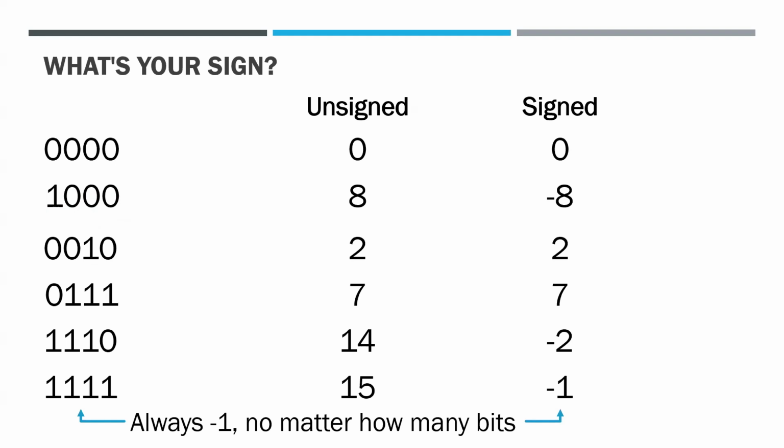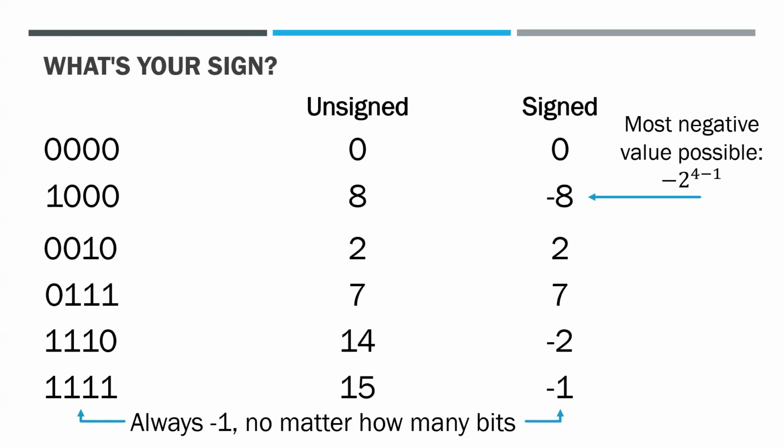So 1 followed by all zeros is going to be the most negative value that you can have. And now is where we get to the mathematical trickery. So that is going to be, in this case, 2 to the 4 minus 1th power, basically -2 to the 3rd.